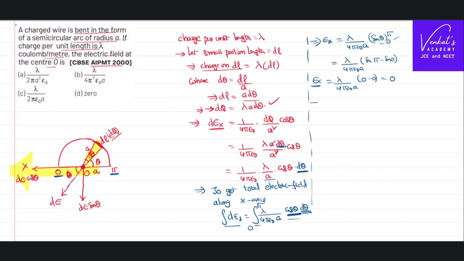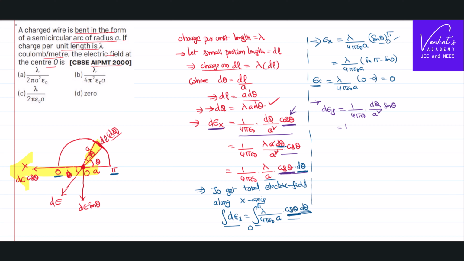Similarly, like dEx, I can write dEy. For the y component I get a sine component: 1 by 4 pi epsilon naught, dq by a square, sin theta. The difference is that instead of cos theta, I get sin theta.